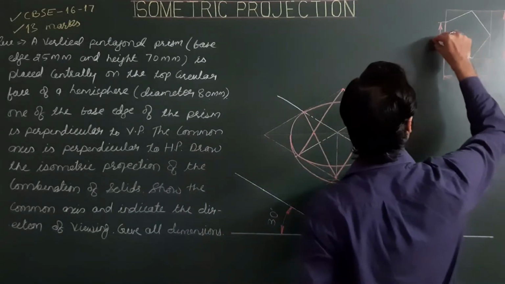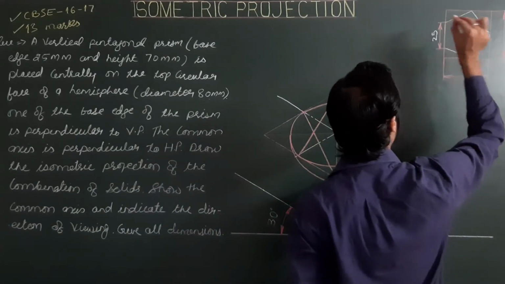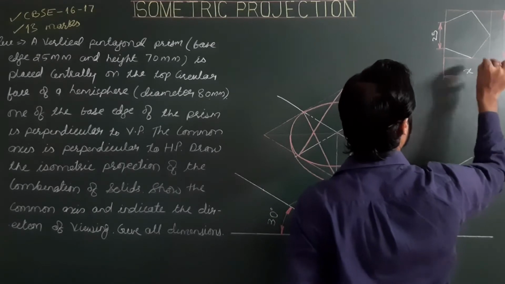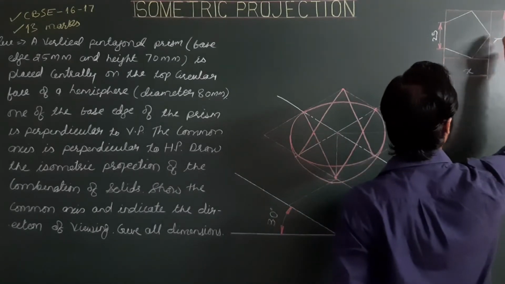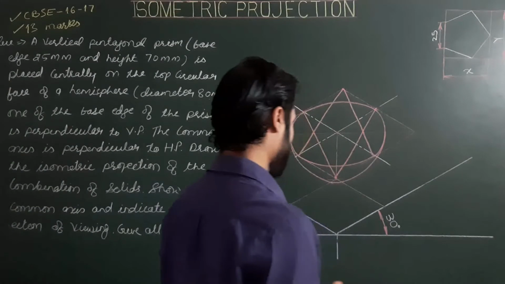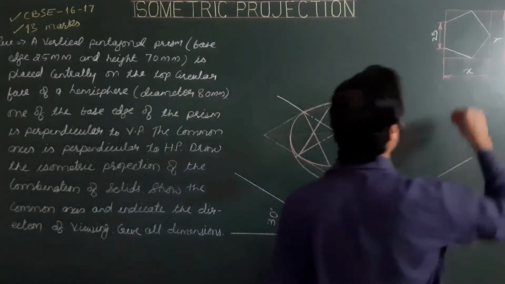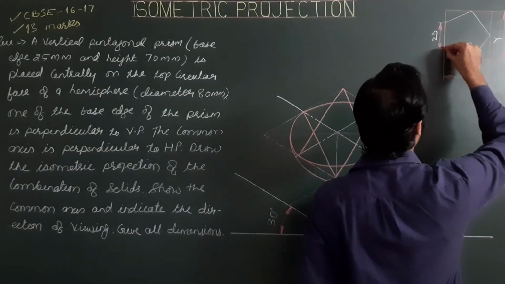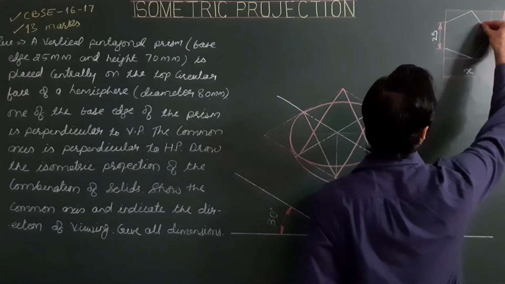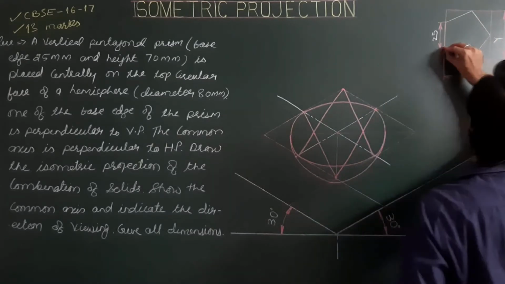Size is 25. Size of the box is X by Y. Next, locating the center of the pentagon simply by drawing lines from a corner to the opposite midpoint of the side.